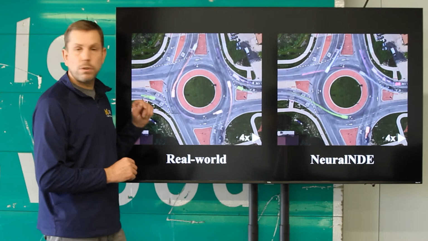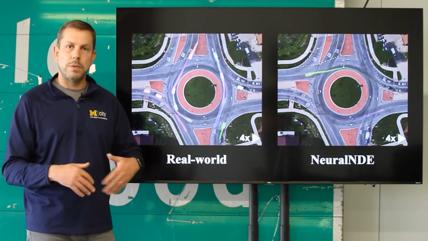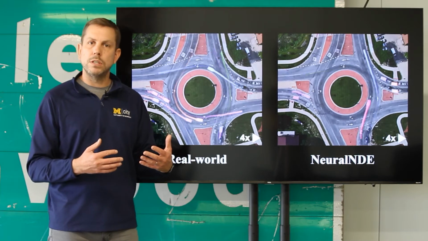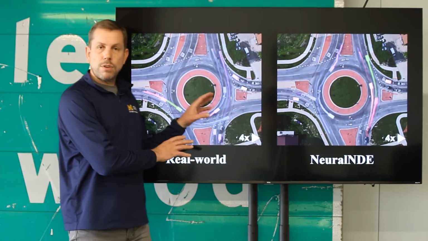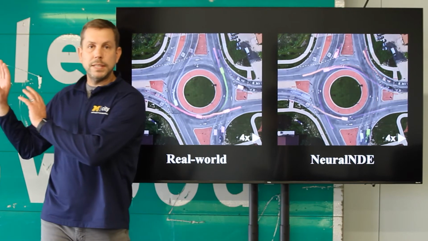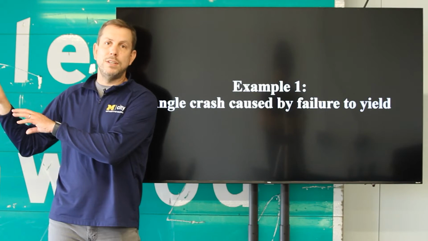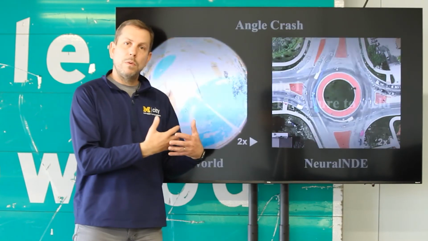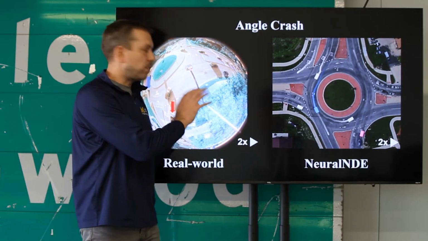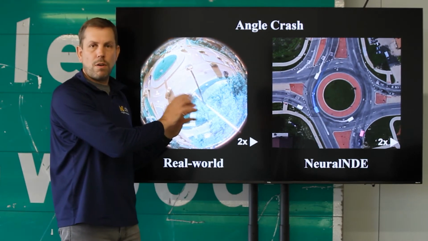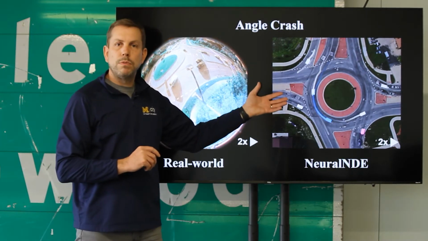What you're seeing on the screen behind me is something that we're calling the naturalistic driving environment. This is step 1 of our simulation development for Mcity 2.0. The naturalistic driving environment takes data from our mobility data center, all the trips through those intersections that humans make, and we're using it to provide a realistic environment that looks just like driving around in Ann Arbor, right down to the way that people run through this roundabout.